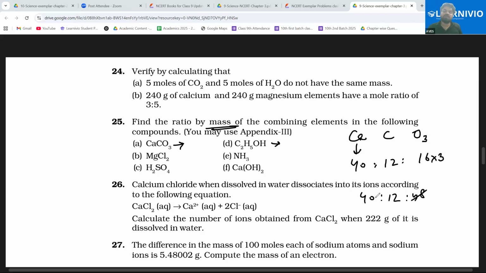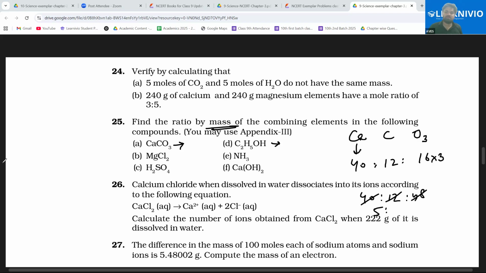When you cut it, you'll get the simplest ratio. You can cut it by 4 instead of 8, since we cannot cut 12 with 8.